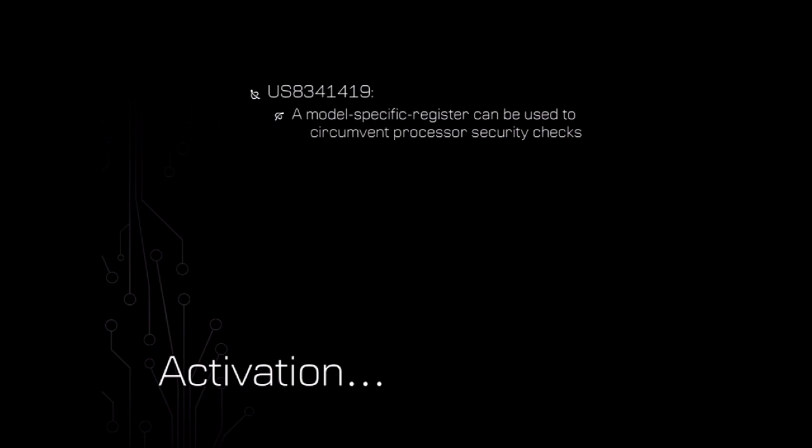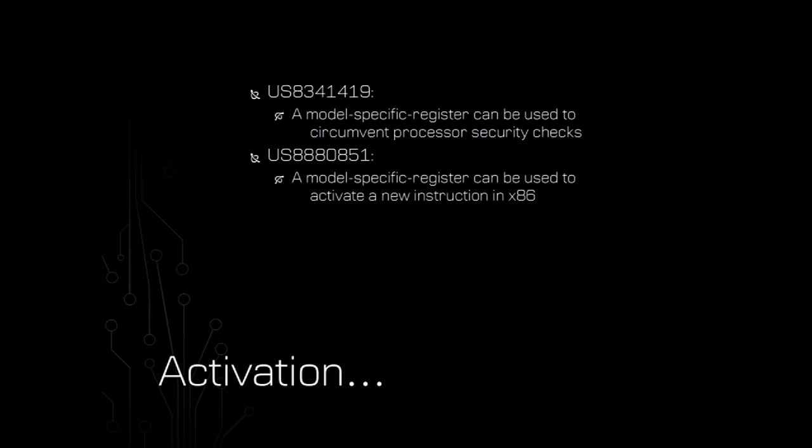So let's start at the beginning. How would we go about activating this circumvention mechanism? Well, there are 3 little tidbits from the various patents that might point us in the right direction here. We've got one patent that says a model-specific register can be used to circumvent processor security checks. We've got another patent that says a model-specific register can be used to activate a new instruction in x86.